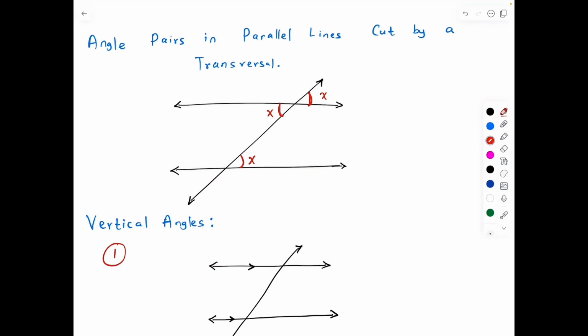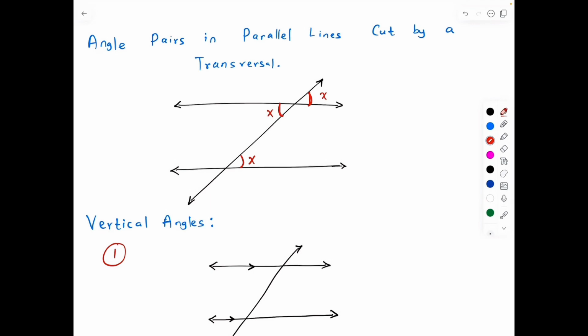As we said in that other video that I made, corresponding angles are angles that lie on the same side of the transversal and on the same side of the parallel lines. And then we said that these angles are on the same corners and they are congruent.